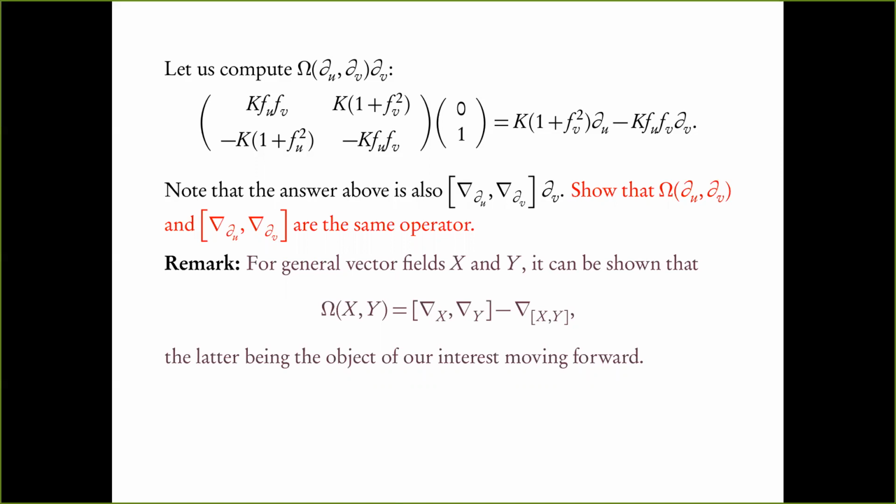So the remark that you should keep in mind is that for a general pair of vector fields x and y, what you really get is this connection matrix, or the curvature matrix, sorry, is really this object. Okay. That's because we chose our x and y to be coordinate vector fields which commute with each other. So the Lie bracket was 0. So the last term wasn't visible.